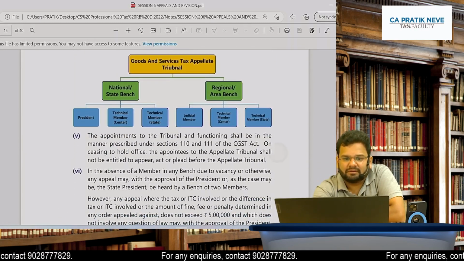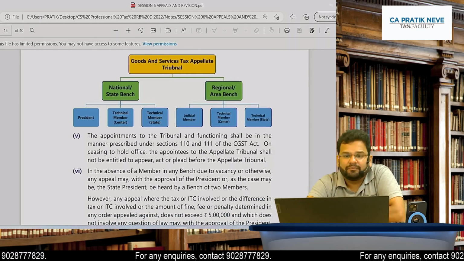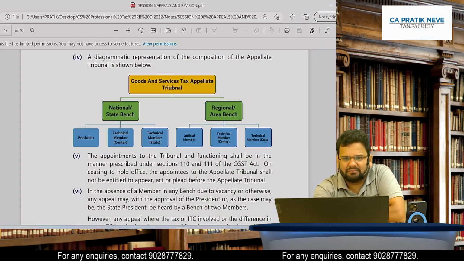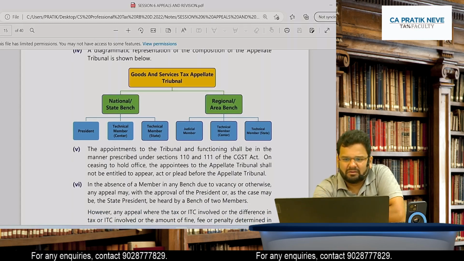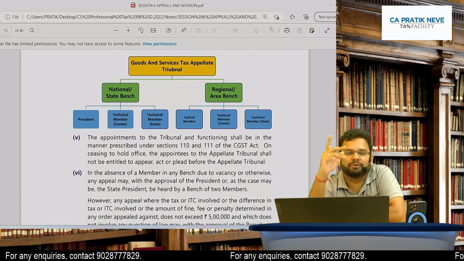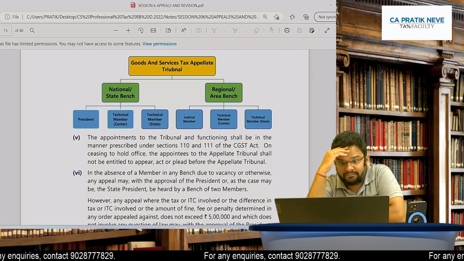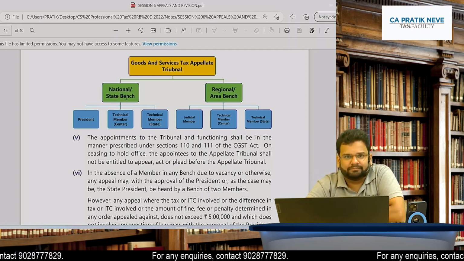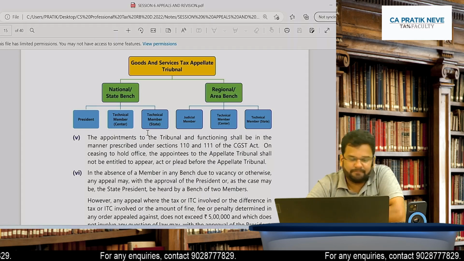See this, this I wanted to show you. The appellate tribunal's composition, not hierarchy, composition. There could be a national bench or state bench. They will have 3 members.